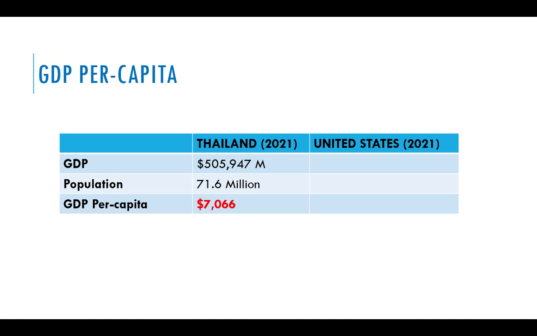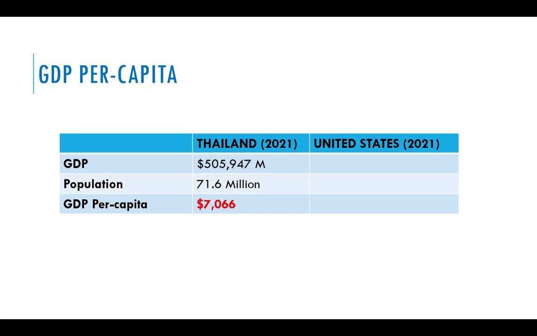So let's do the same thing for Thailand and the United States. All right, so we've got Thailand with a GDP of 505-ish thousand millions. We've got a population of 71.6 million. Do you see why we might keep it millions and millions? Because then I don't have to put all those zeros there. I can divide one by the other.